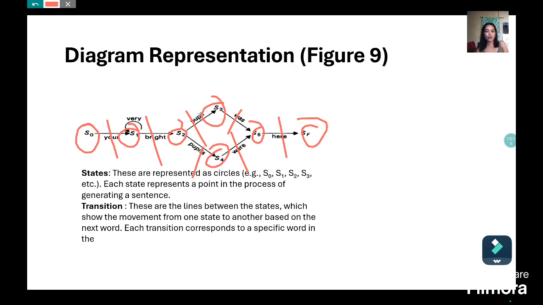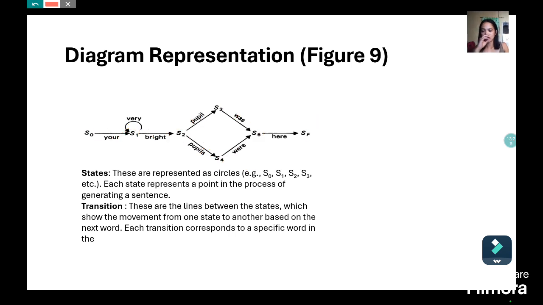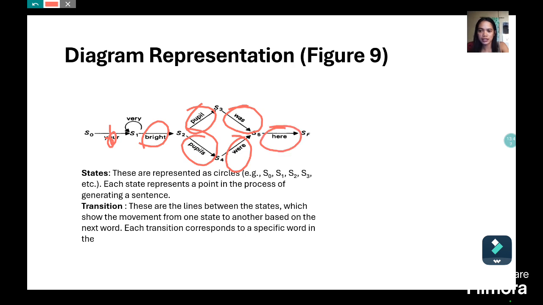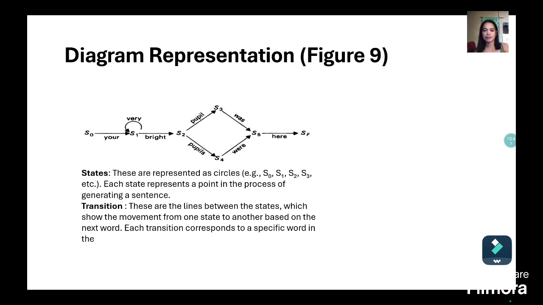Each transition corresponds to a specific word on the line. An example of transitions here is your, bright, pupils, was, here. So that is an example of transitions. Let's proceed.